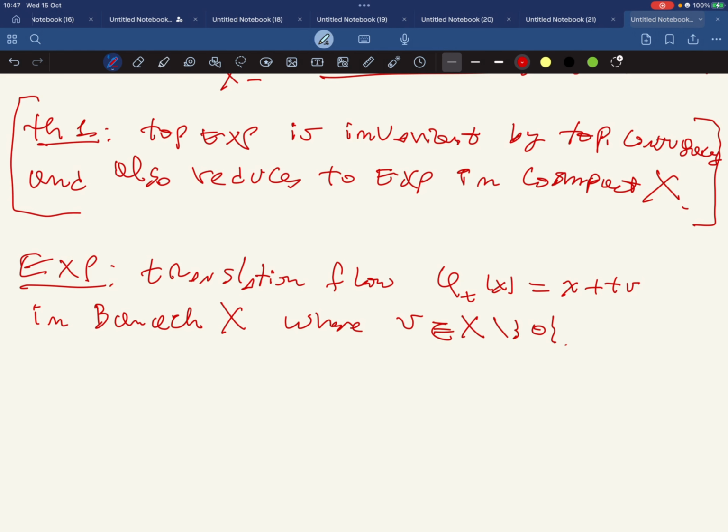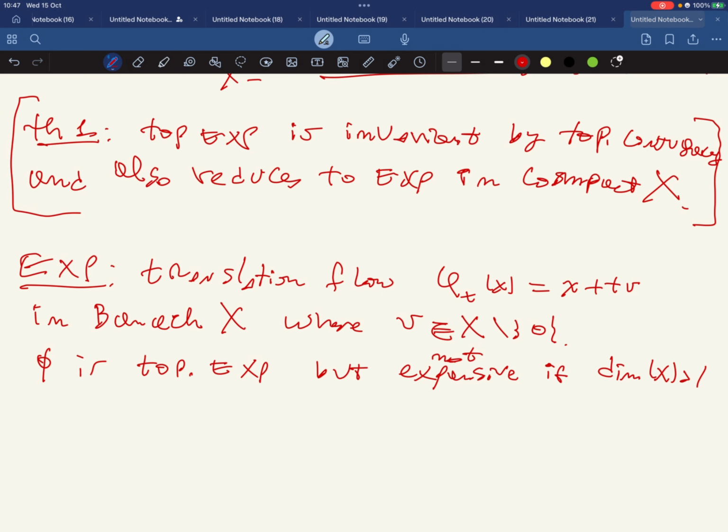Okay, what happens with this flow? This flow phi is topologically expansive, but not expansive, if the dimension of the space is bigger than 1.